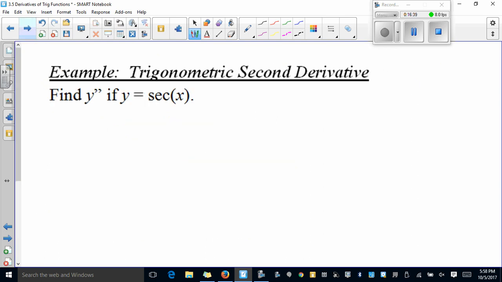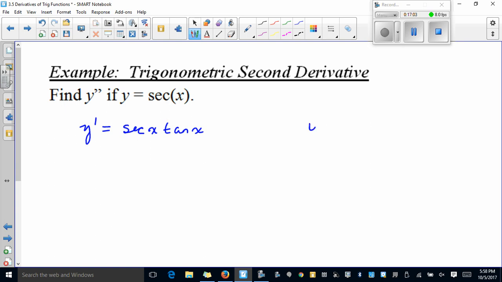Okay, now they're wanting us to do a second derivative on these. Well, at least on the last problem, we had the derivative of secant. So y prime equals secant of x, tangent of x. And then you sit back going, dang it, now it's a product rule. So we do a product rule.